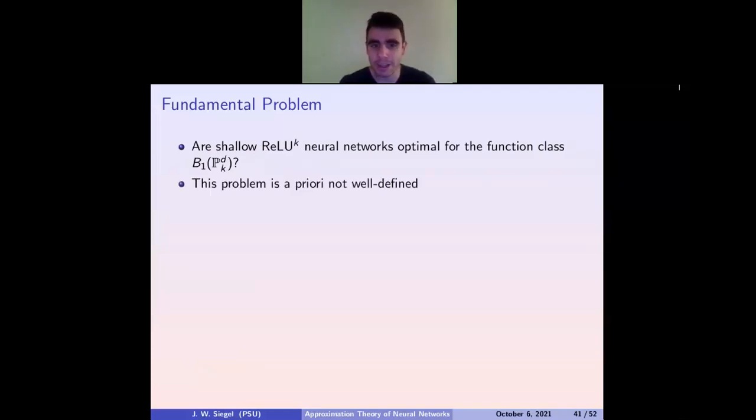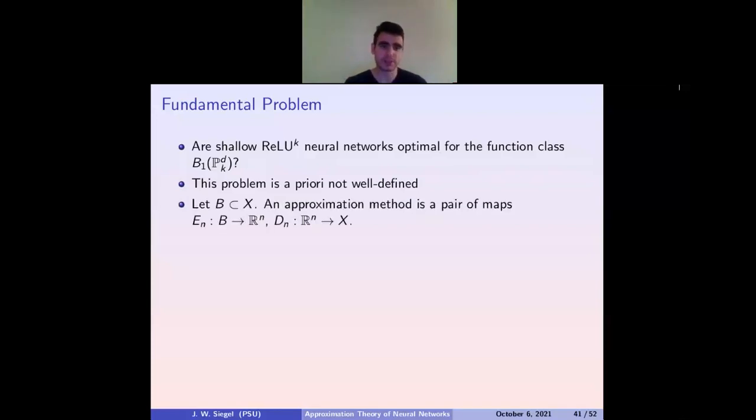So let's try to make this a little bit well defined, because what exactly do I mean by optimal? Let's consider an abstract situation where you have some class of functions in a Banach space you're trying to approximate. An approximation method here, we'll say, is a pair of maps. One maps B to R^n; you can think of this as taking a function in your class and mapping it to a set of n parameters.